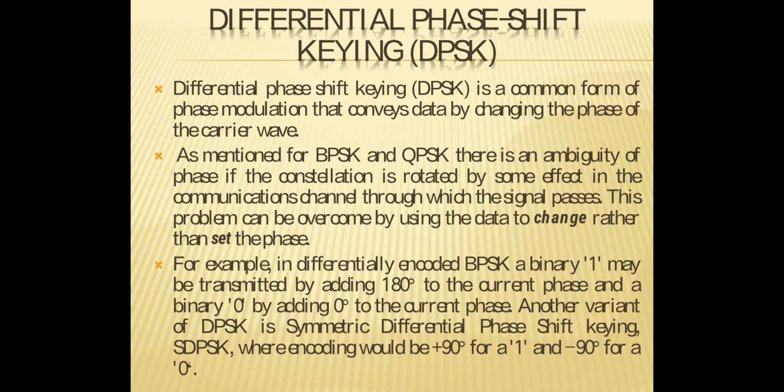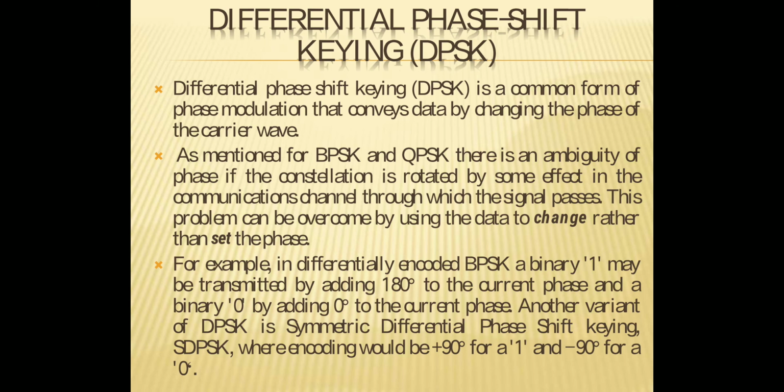Now we will see DPSK, that is differential phase shift keying. Differential phase shift keying is a common form of phase modulation that conveys data by changing the phase of the carrier wave. As mentioned for BPSK and QPSK, there is an ambiguity of the phase if the constellation is rotated by some effect.